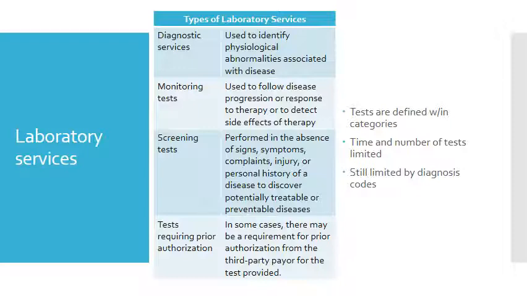So for these tests, the patient already has to have an established diagnostic code. So if your patient is diagnosed as diabetic, a glucose level moves from a diagnostic service to a monitoring test. And the reason that's important is because while diagnostic services can happen at any time illness is suspected, a monitoring test is limited in the number of tests.